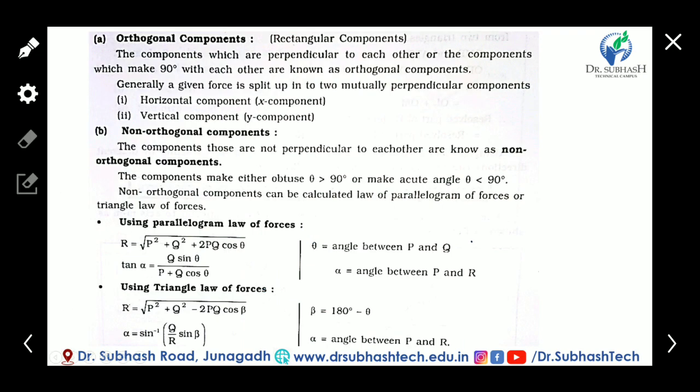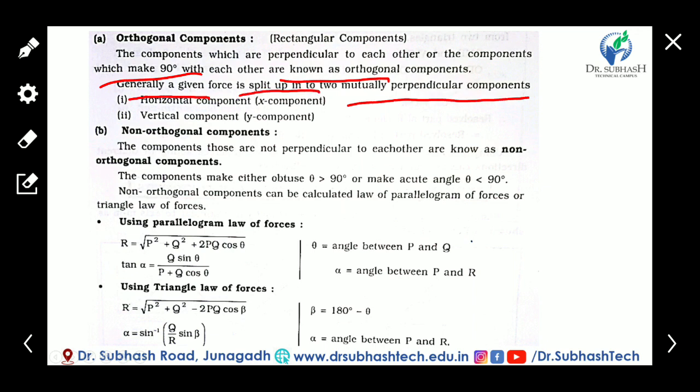Now what is an orthogonal component? We know that components which are perpendicular to each other, or components which make 90 degrees with each other, are known as orthogonal components. Generally, a given force is split into two mutually perpendicular components.